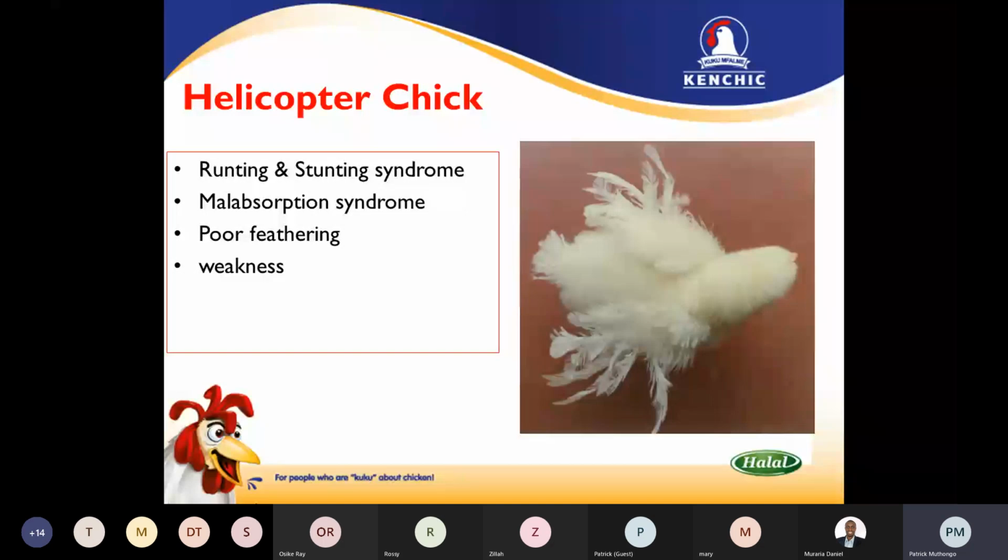Stunted growth ni ile there is some progression in growth but very slow and very minimal. So the bird will remain at maybe 100 grams mpaka afikisha wiki 5. So these are usually caused by some viruses because of a weak post clean down process.